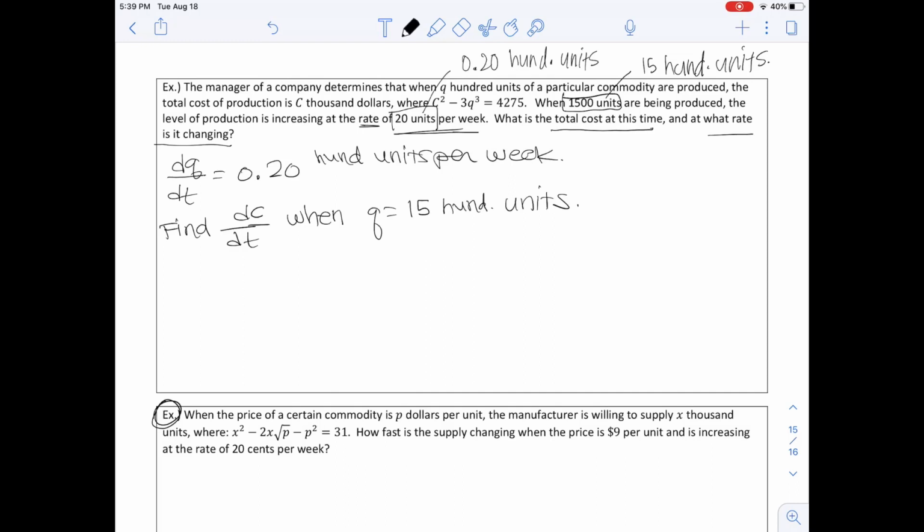And we also know that when Q is at 1,500 units, we can find C in addition. So C squared minus 3 times 15 cubed equals 4,275. Solving this, you would arrive at C is equal to 120, and this is in thousands of dollars.